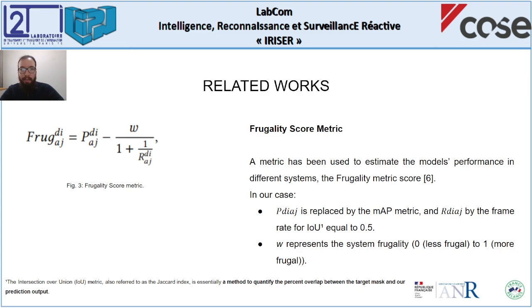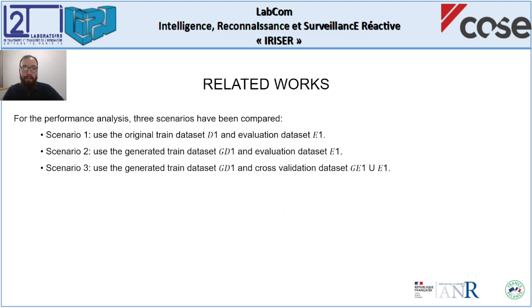It's a metric, as I said before, to better analyze how a specific metric, for example the mean average precision in our case, can have its behavior affected by a specific model in different scenarios and different hardware.